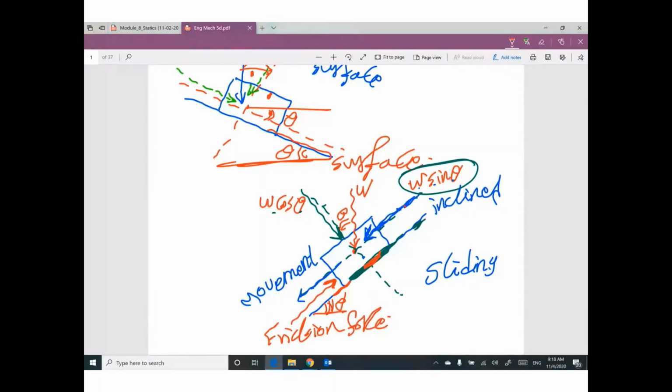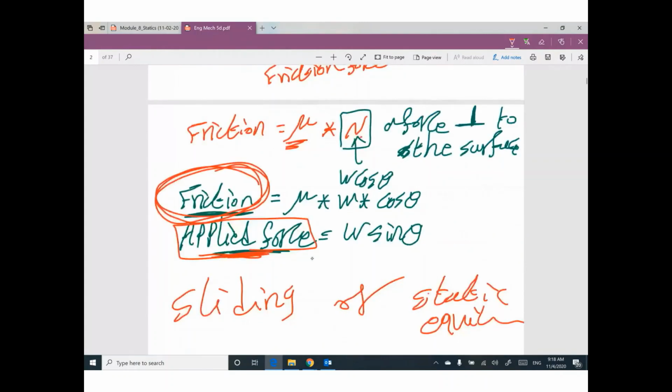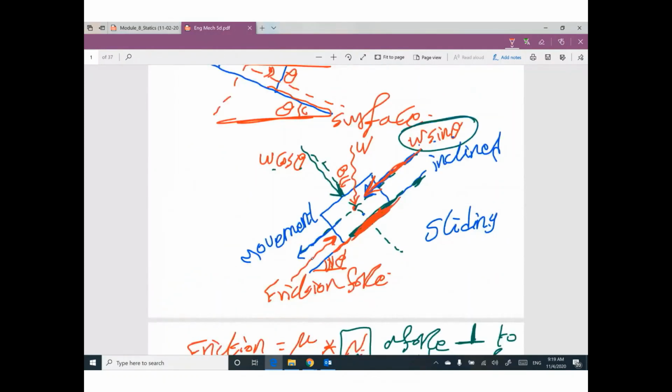The component parallel to this surface is trying to push, so we expect friction opposite to this pushing force. The friction force equals mu times N. N is the force perpendicular to the surface, which is this component of the weight, W cosine theta.